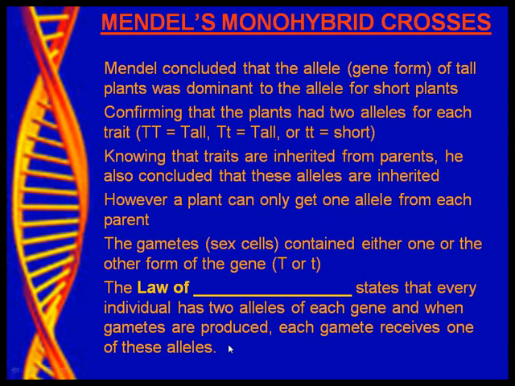Okay, segregation, just like segregation in America of blacks versus whites. It's the same exact idea. Okay, these things separate. So segregation states that every organism has two alleles of each gene. And when gametes are produced, and again we saw this in meiosis, each gamete receives one of these alleles. Again, something we already know. Half of your DNA comes from mom, half comes from dad. But at some point, these genetics had to get figured out.